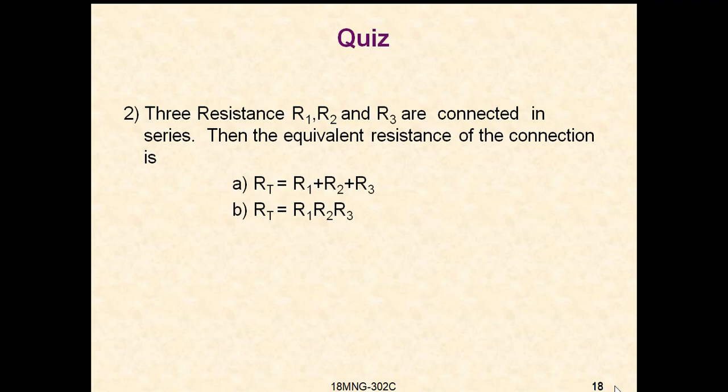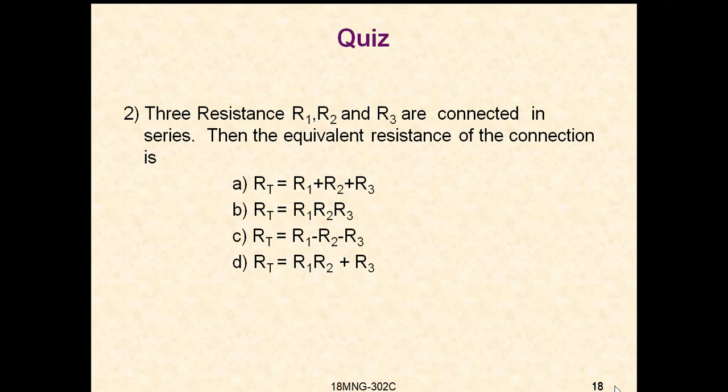Option B, RT is equal to R1 into R2 into R3. Option C, RT is equal to R1 minus R2 minus R3.